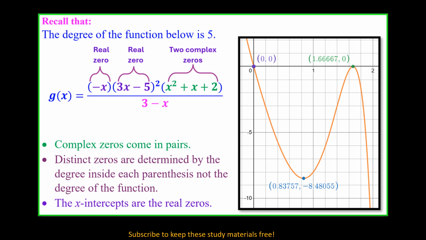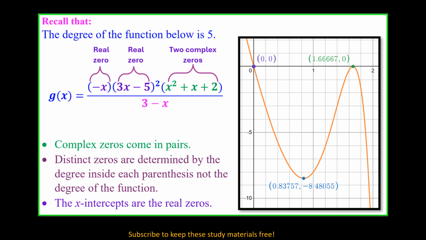In green, when we take that quadratic, it results in 2 complex zeros, which have to come in pairs. So this will not be represented on our graph. However, in purple, those are the intercepts, which are the real zeros. And you'll see that occurs at the origin and at 1 2/3, okay?